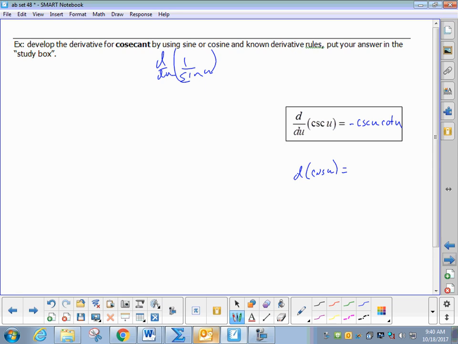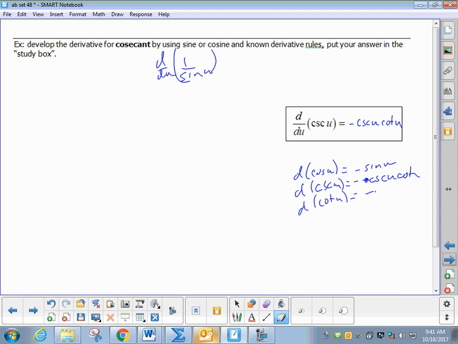The derivative of cosine is negative. The derivative of cosecant is negative. The derivative of cotangent is negative cosecant squared. All right.